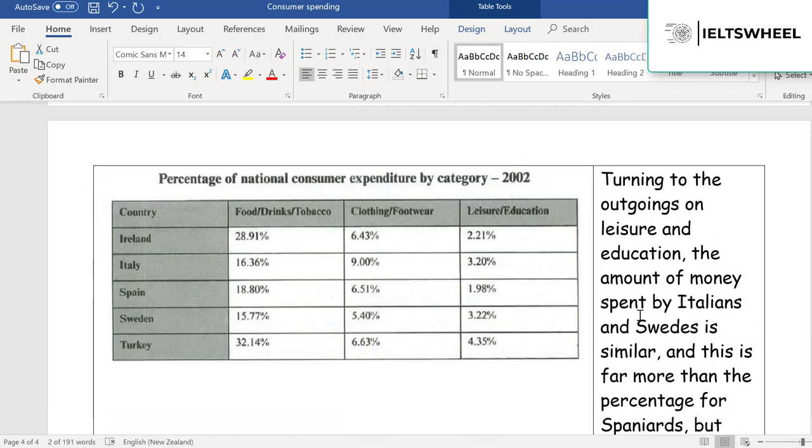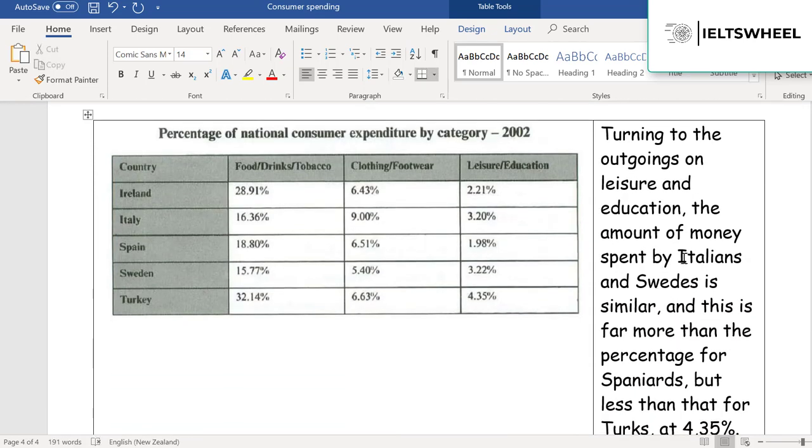Okay, now let's move on. Let's just focus on the next category, turning to the outgoings on leisure and education. So, okay, in this case, turning to means focusing on. Okay, outgoings here means spending on leisure and education. The last category, the amount of money spent by Italians and Swedes.